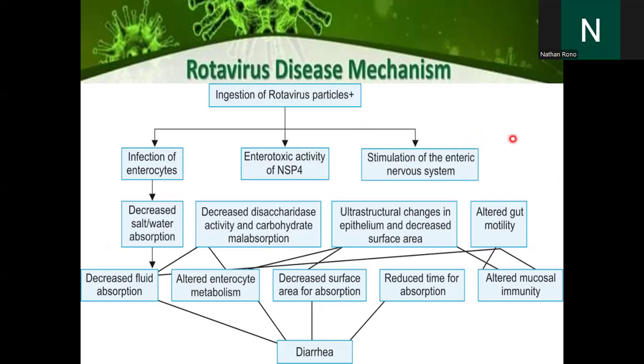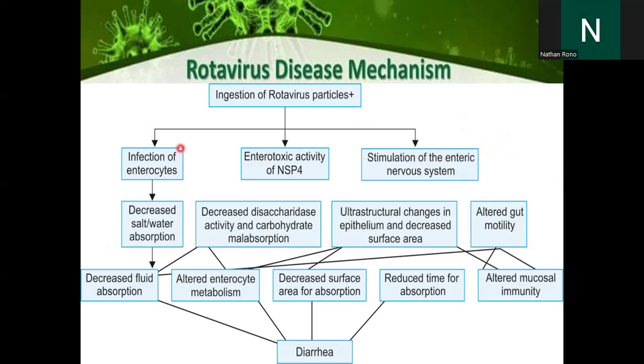Then stimulation of the enteric nervous system, where we said it's a special nervous system that is found within the bowel that causes increase in water and electrolyte secretion, leading to diarrhea. Then we said infection of the enterocytes. Remember, here's where I said you decrease the brush border enzymes.